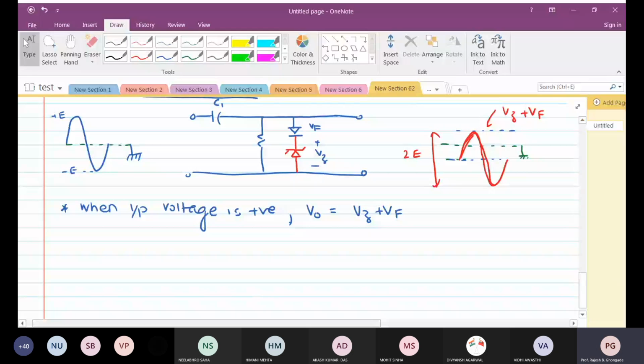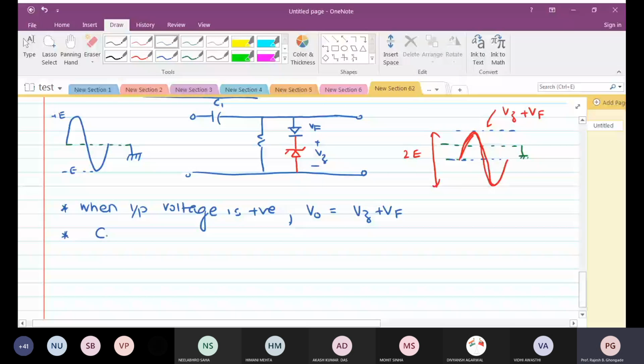Just let me see if you have understood the biased concept. Because the diode will be forward biased. Once the Zener diode goes into breakdown, output is going to be Vz plus Vf only. That's all.